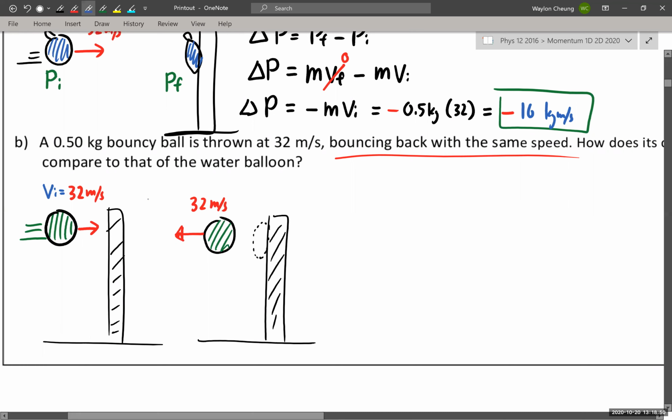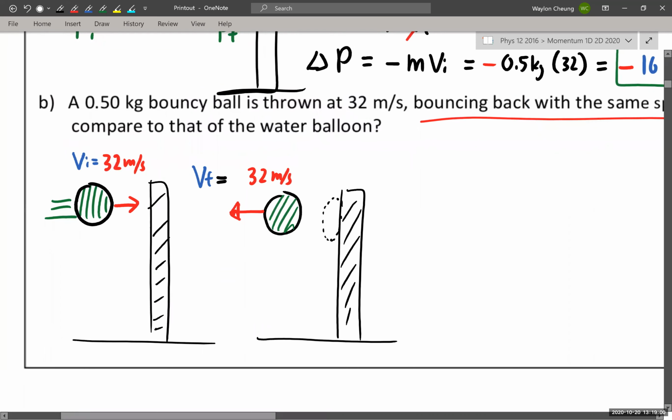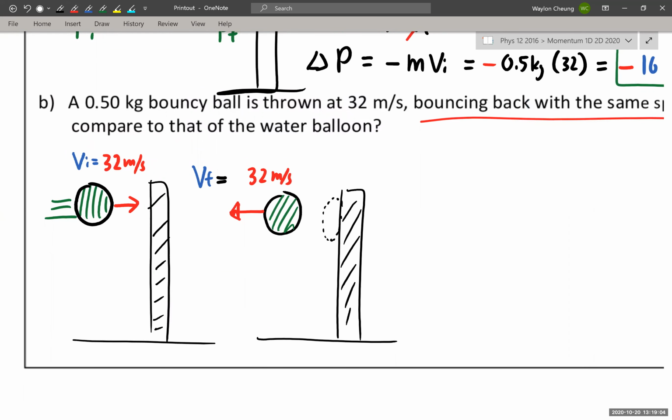But that is not okay. So you have to be careful about directions. Remember, momentum has direction. So your speed has to have direction, your velocity. If one object is going to the right and later on is going to the left, you have to either say the right is negative or the left is negative. You cannot say both of these two speeds is 32.